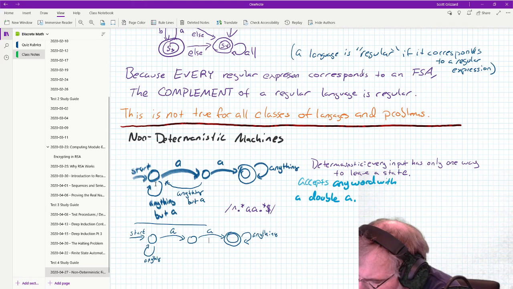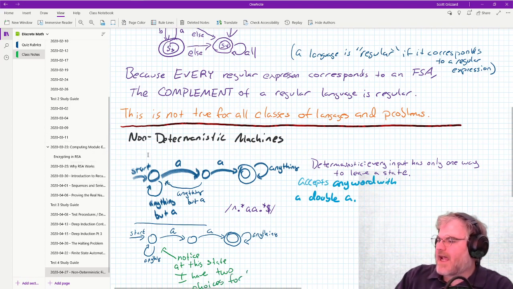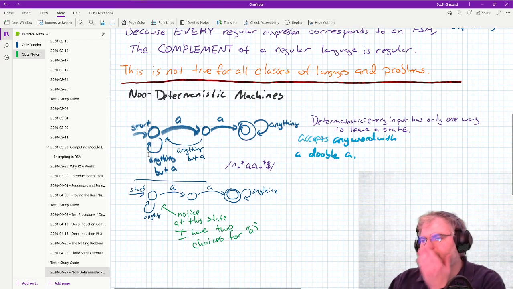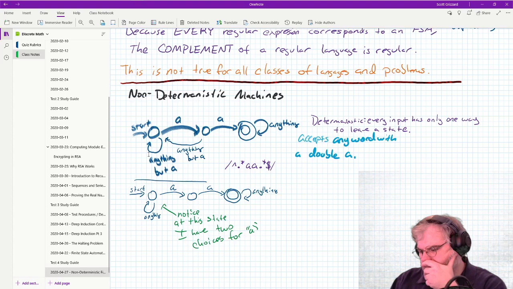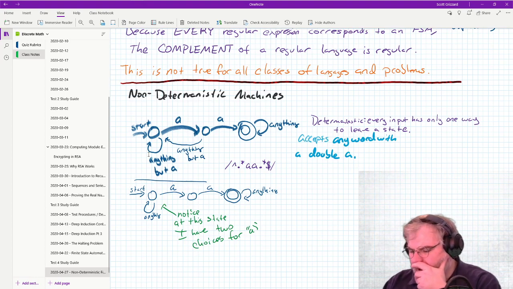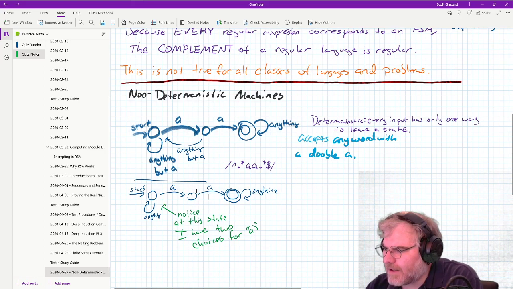Notice here I have two choices for A. I could have A being here and A being here.